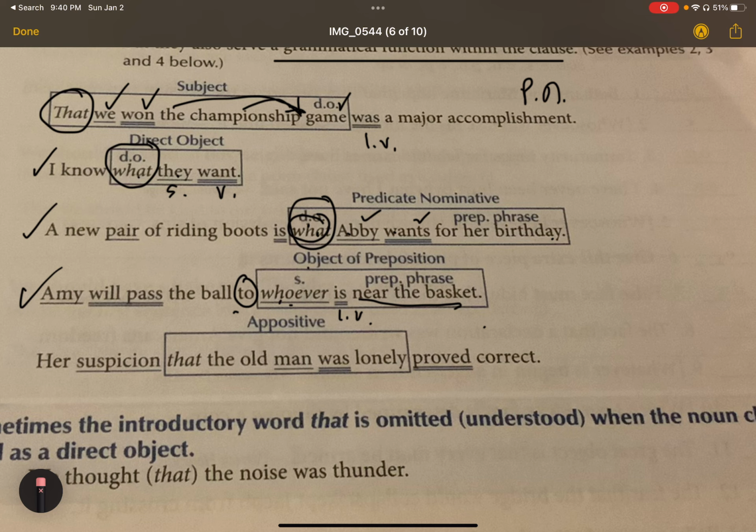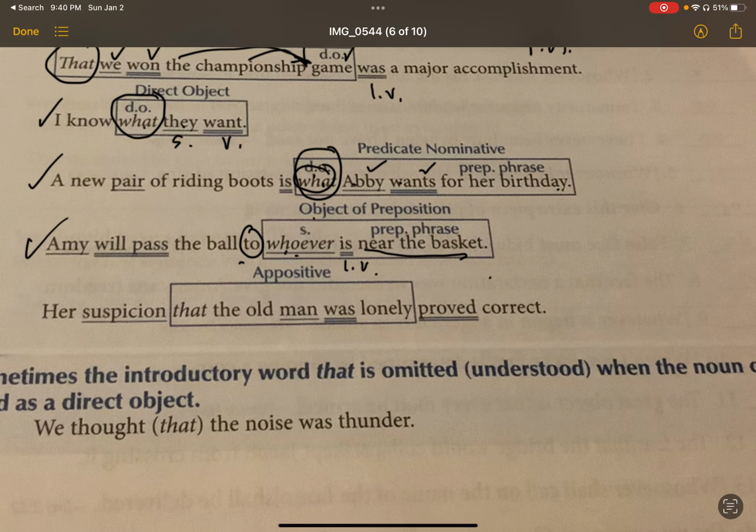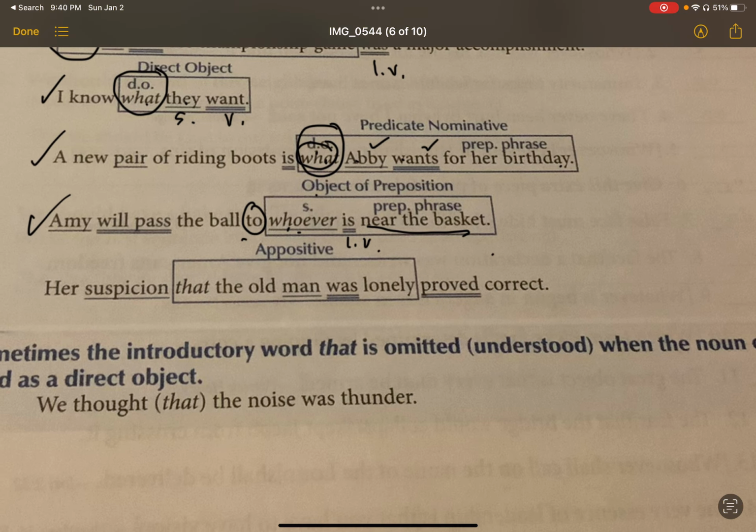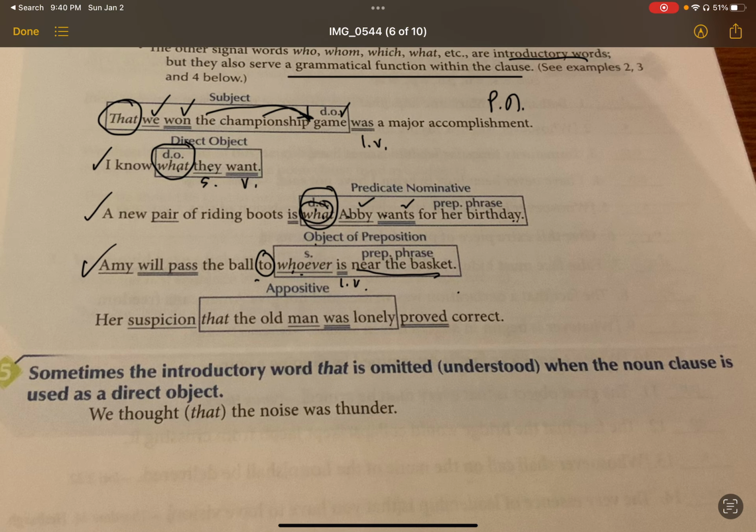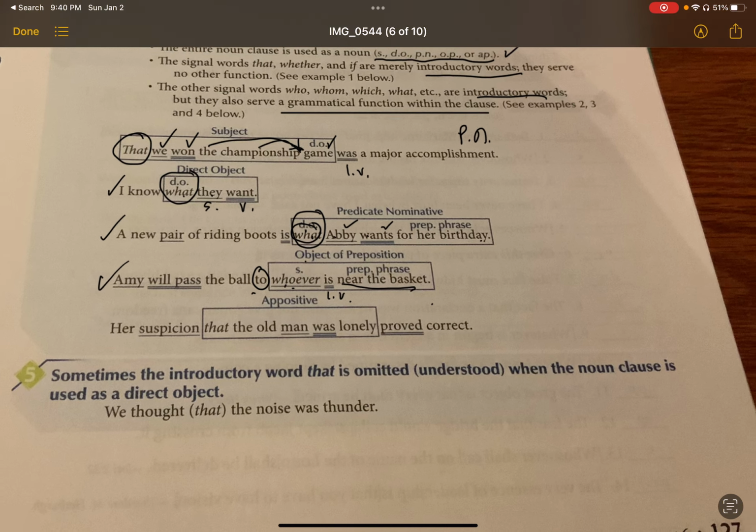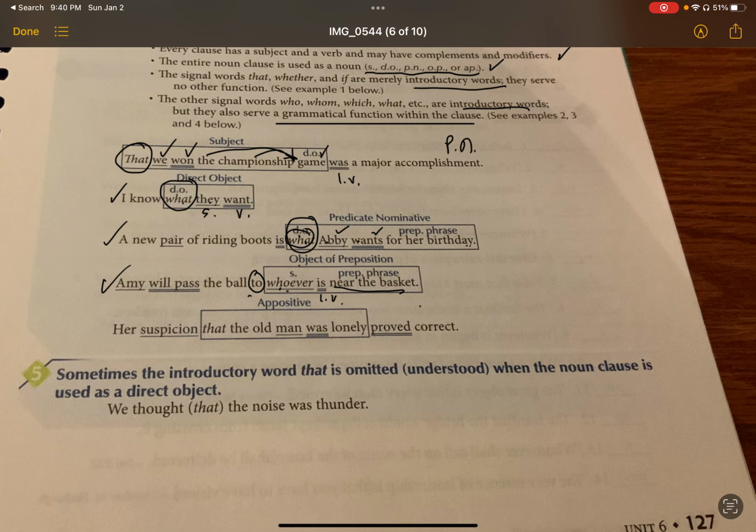Okay. And last, we have an example of an appositive. Her suspicion that the old man was lonely proved correct. Sometimes the introductory word that is omitted when the noun clause is used as a direct object. Here's a good example. We thought the noise was thunder. So you could imagine that being left out.